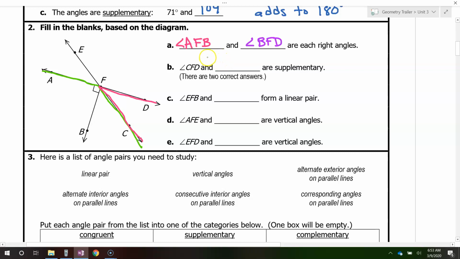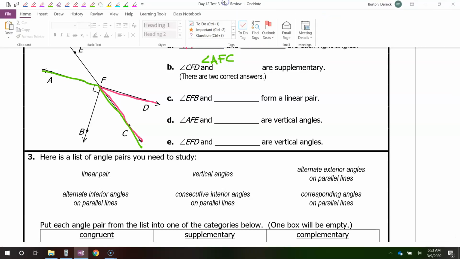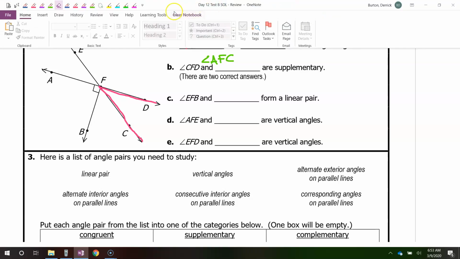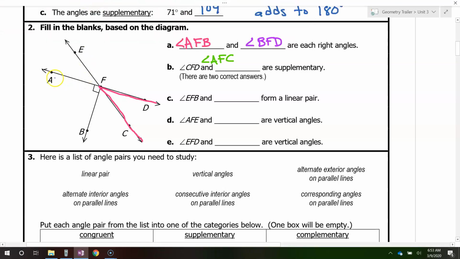Okay, let's see how I squeeze these in here. Angle AFC. But there's another possible answer. Okay, what if I made the straight line this way?